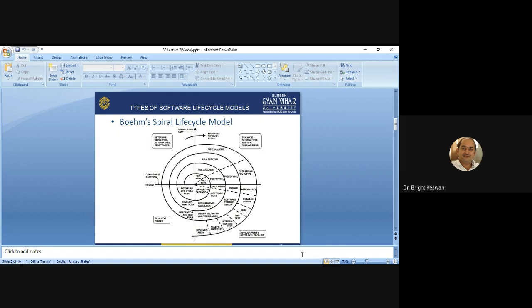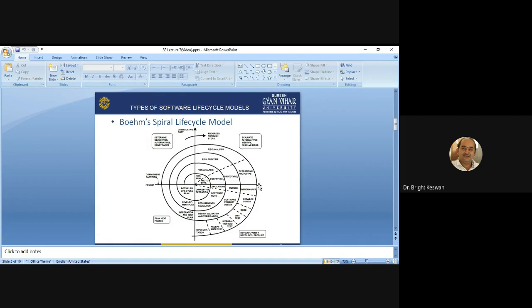So this is all about the spiral cycle. Mainly, every spiral, every coil is divided into four phases. The first phase, you can say the starting phase of every coil, is determining objectives, alternatives, and constraints, and then after this, evaluate alternatives, identify and resolve risk is the second phase. After identification of the risk and resolving of the risk, resolve risk means development of prototype.